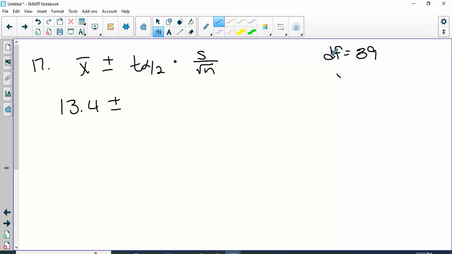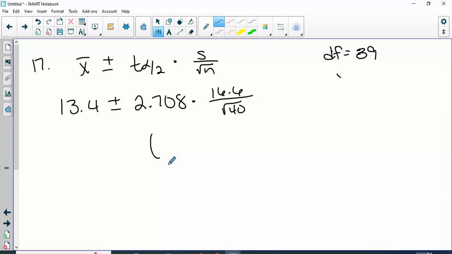So we go to the 0.005 column down to 39 degrees of freedom, and we get 2.708. Everybody see that? Standard deviation was given in the problem, 16.6, divided by the square root of 40.